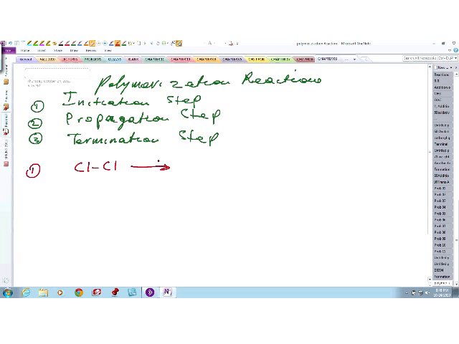And in the presence of sunlight or heat, in industry they actually use very high temperature for this, you get what we call the homolytic cleavage.